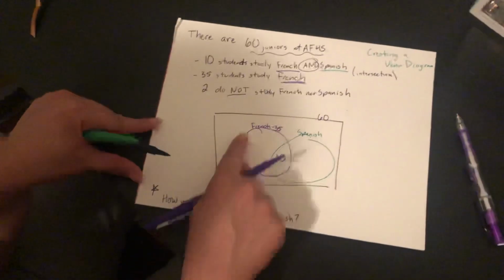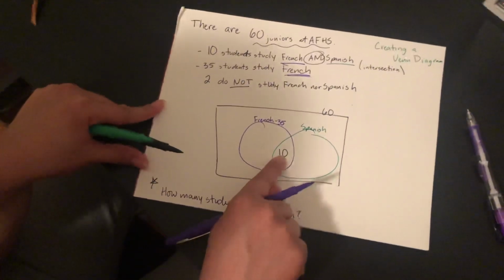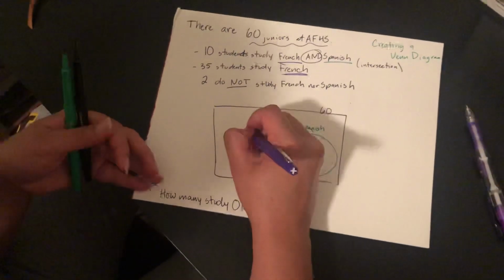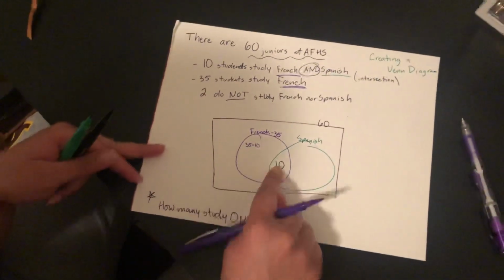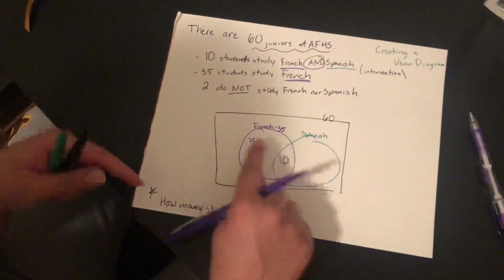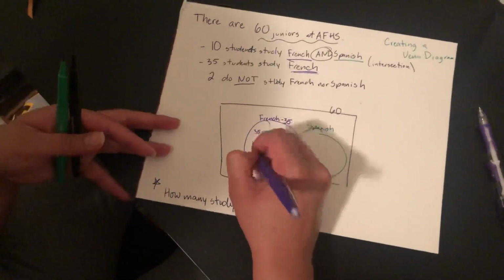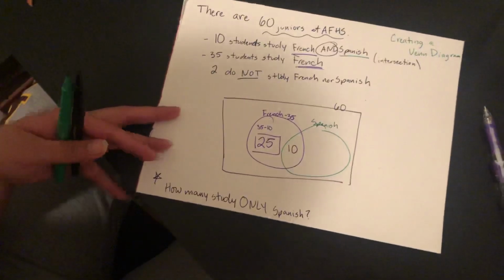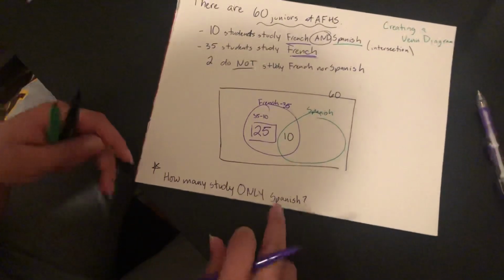If there's 35 students total who study French and 10 of those students also study Spanish, that's where the subtraction comes in. You're taking your 35, you're subtracting how many study both. So 35 minus 10, 25 is what I should have seen there. Most people had 35 there, and that's kind of what made it incorrect later on.